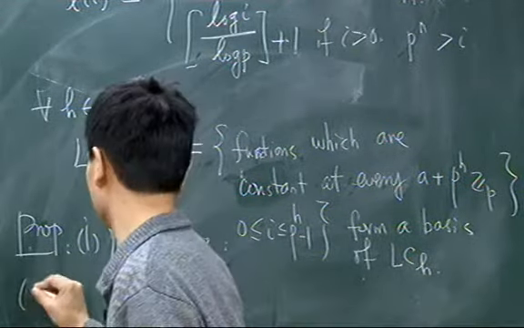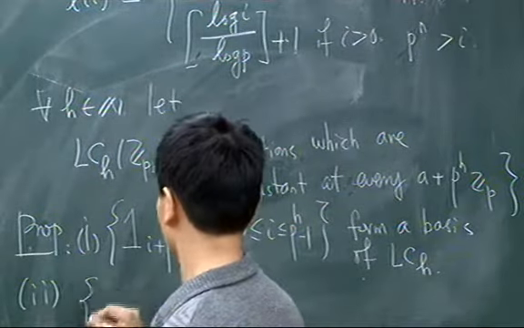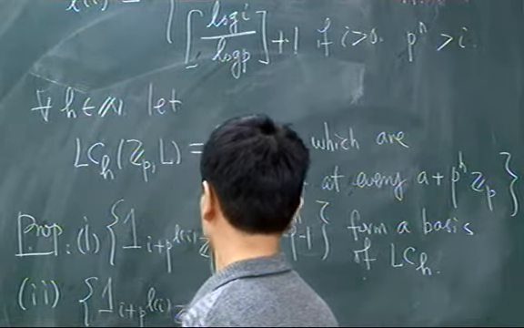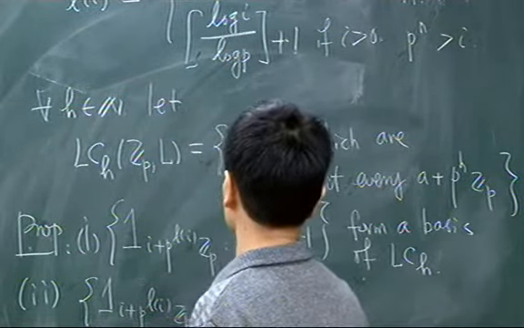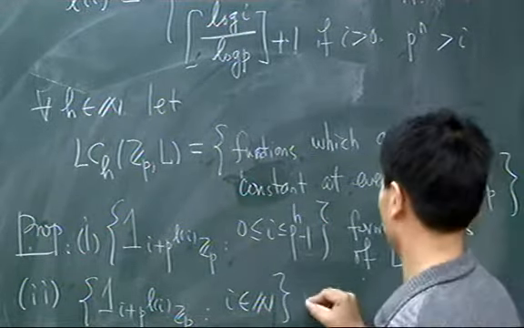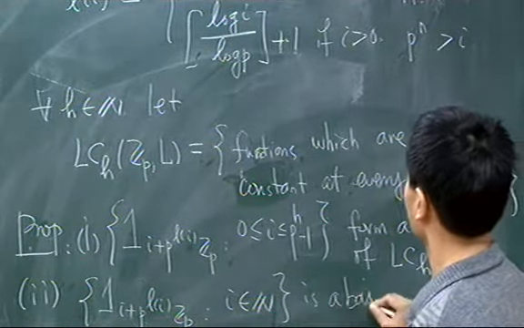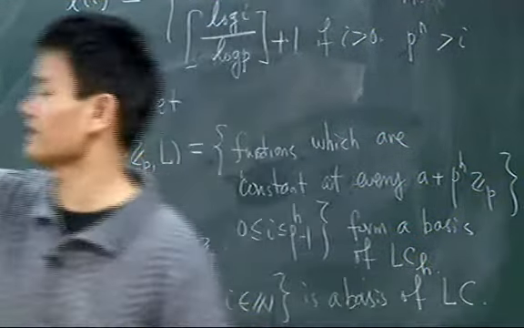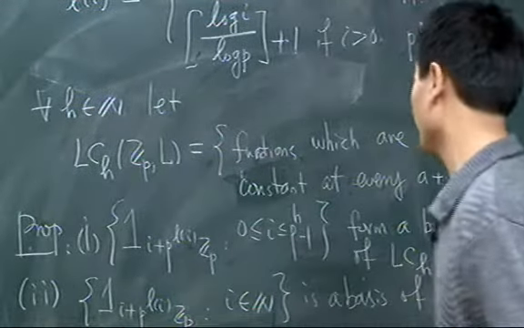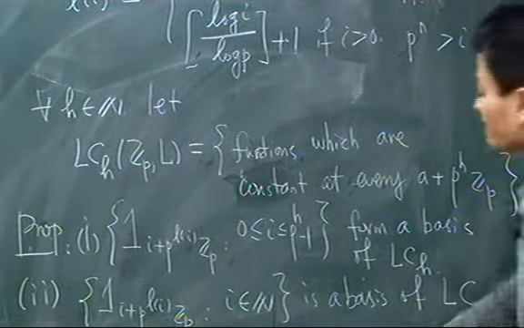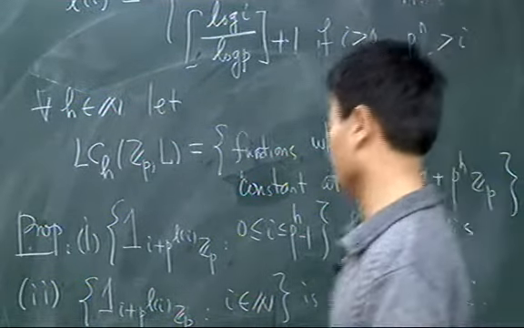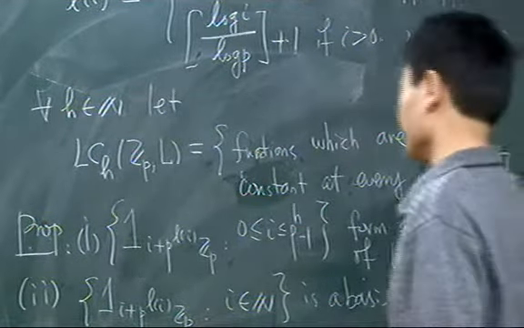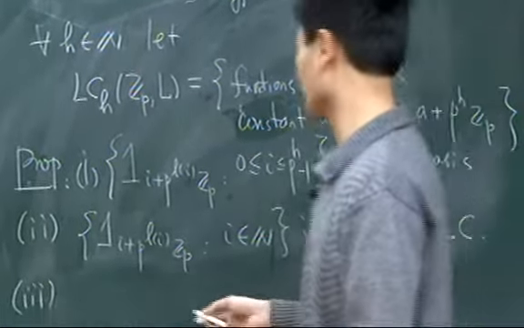The second part is that these for i contained in N form a basis of LC. LC just means locally constant; it's all locally constant functions. So this is also a real basis. It's not a Banach basis, because you cannot talk about completion. You take the completion, you get C_0.